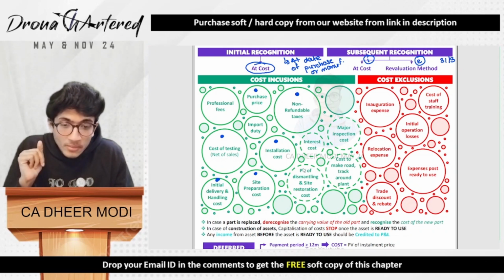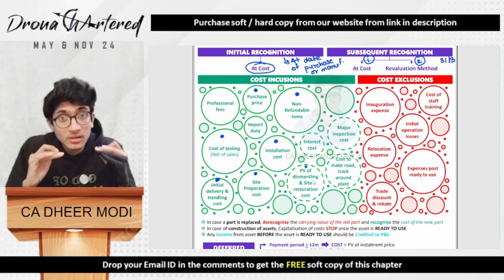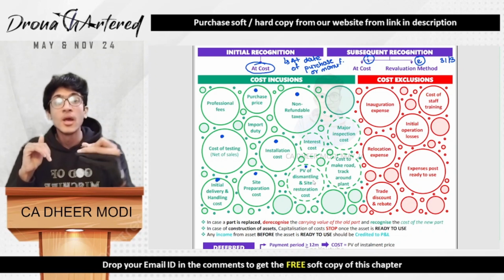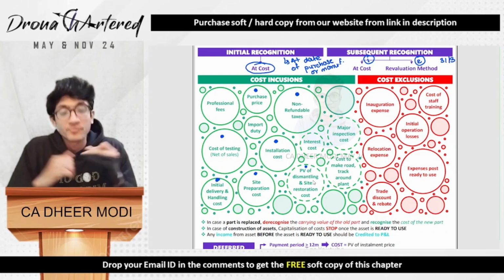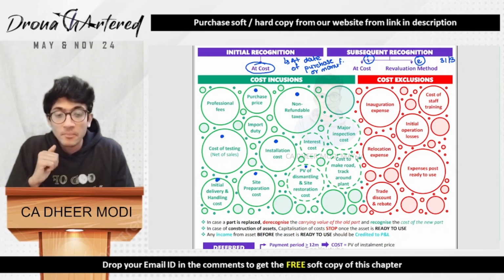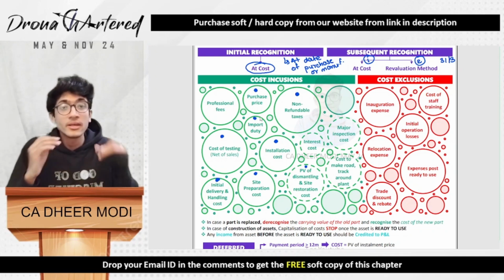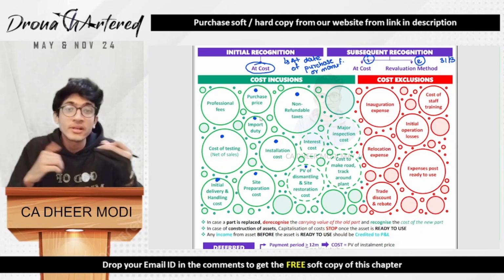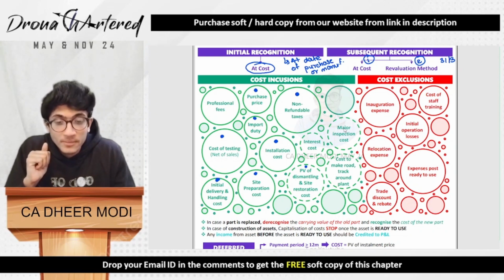Then there is the present value of dismantling and site restoration cost. This is the mine example that I was telling you, the cost that you will incur to get the land to the same condition that it was in before. Any import duty that you pay, say you imported the machinery from outside, will be added to your cost.